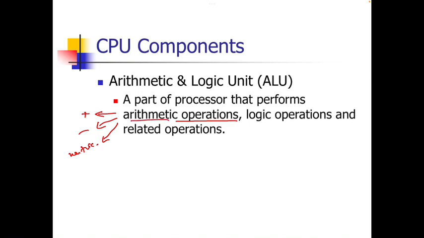Besides that, we also have the function of logic operations. As you learned before, we have OR, AND, NOT. So this is what is meant by logic operation and other related operations. This is what we have in the ALU.